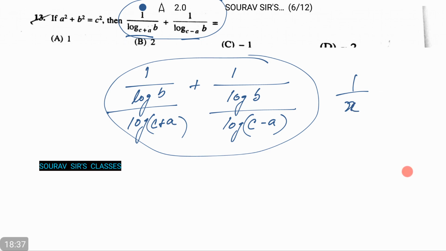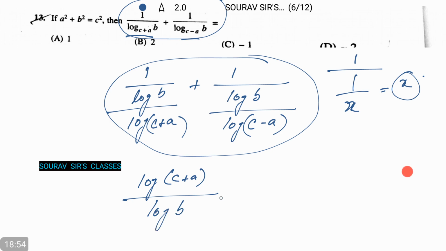So this will eventually give x. So we have log c plus a by log b plus log c minus a by log b.